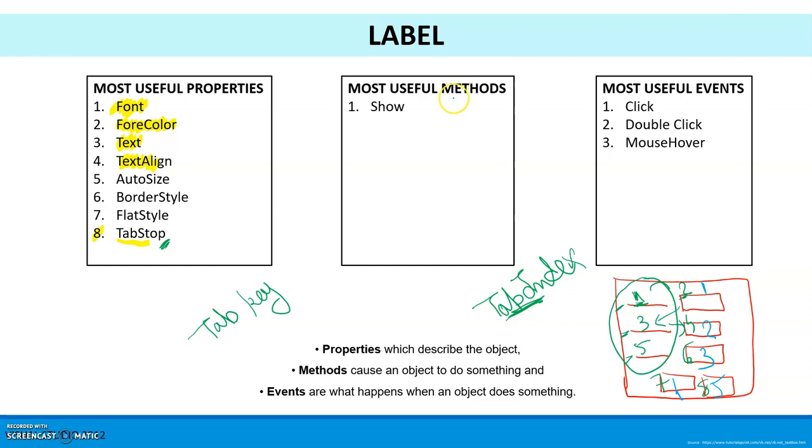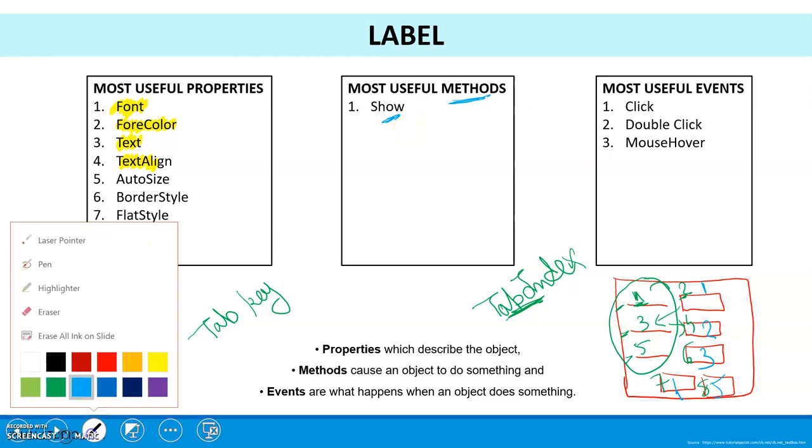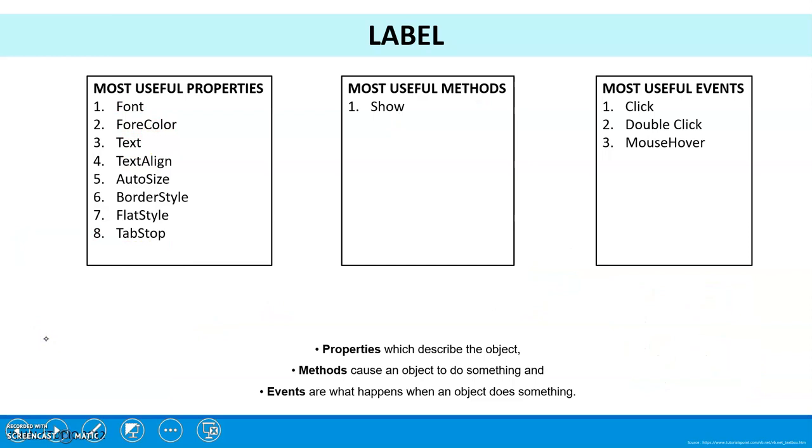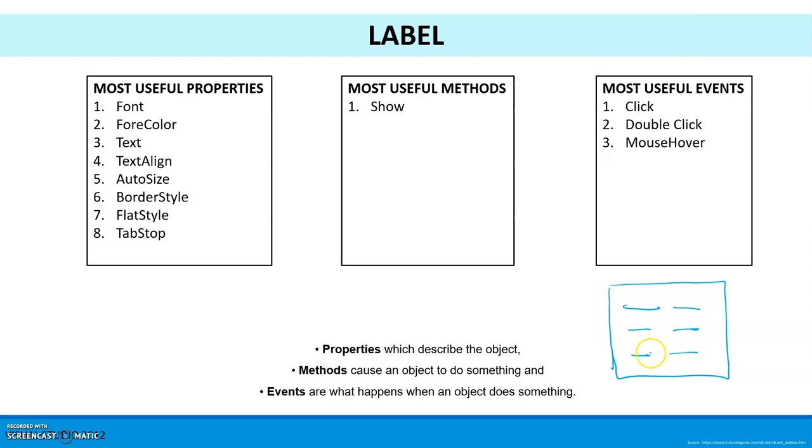Then if you talk about the methods, the most useful method is show. Of course there are many other methods, but show is the most useful. Let's say you have a form with a few labels and some text boxes.